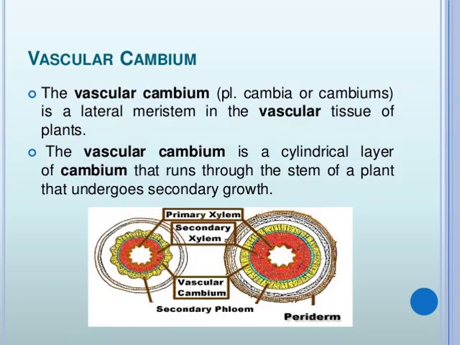Vascular cambium is a thin cylindrical layer that is present between the primary phloem and primary xylem. The origin of this vascular cambium is lateral meristem cells.